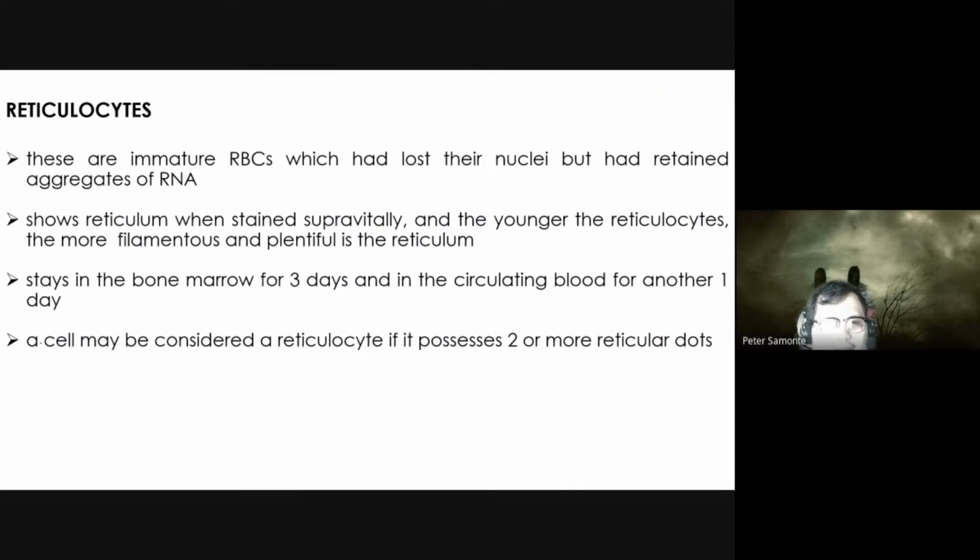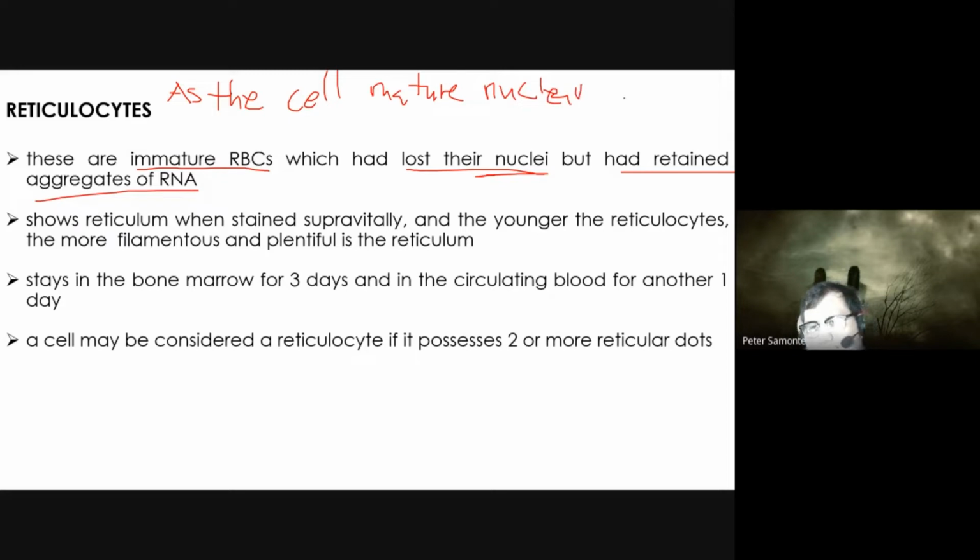Now, reticulocytes are immature RBCs which had lost their nuclei but had retained aggregates of RNA. So, if you recall class, as the cell matures, the nucleus or nuclear material is removed.